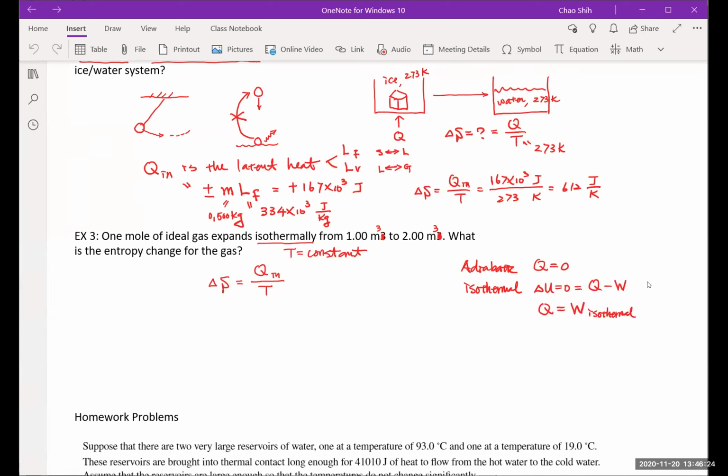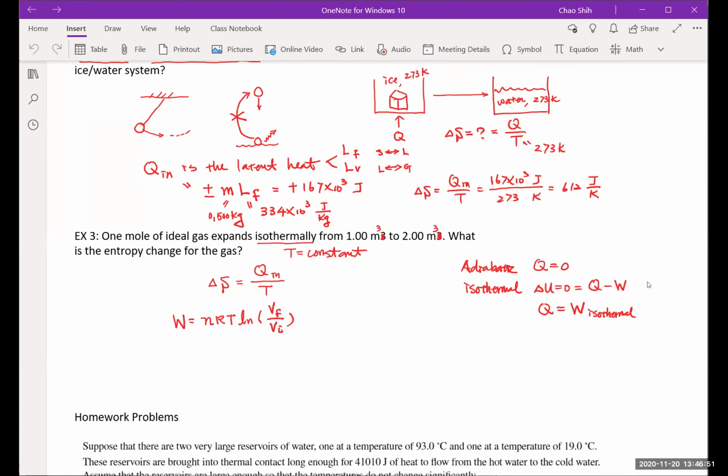So that simply means you have to find the work for the isothermal process, and that's equal to your Q. And what is the isothermal work equal to? The isothermal work is nRT natural log Vf over Vi.